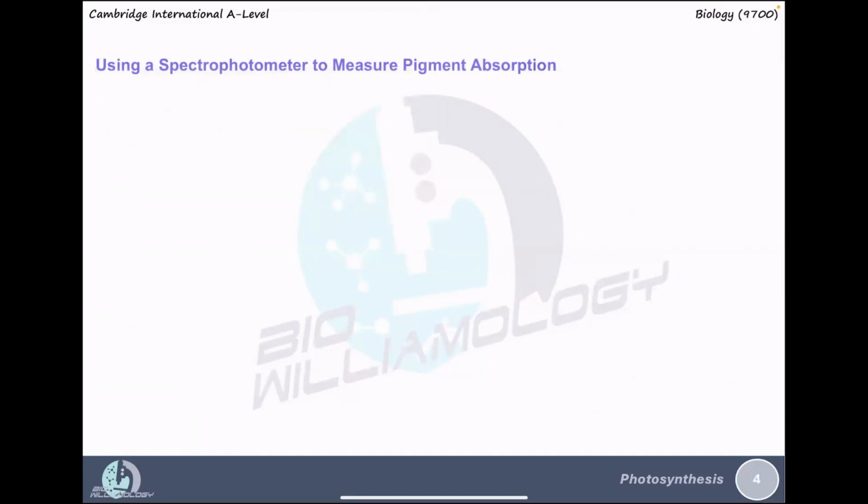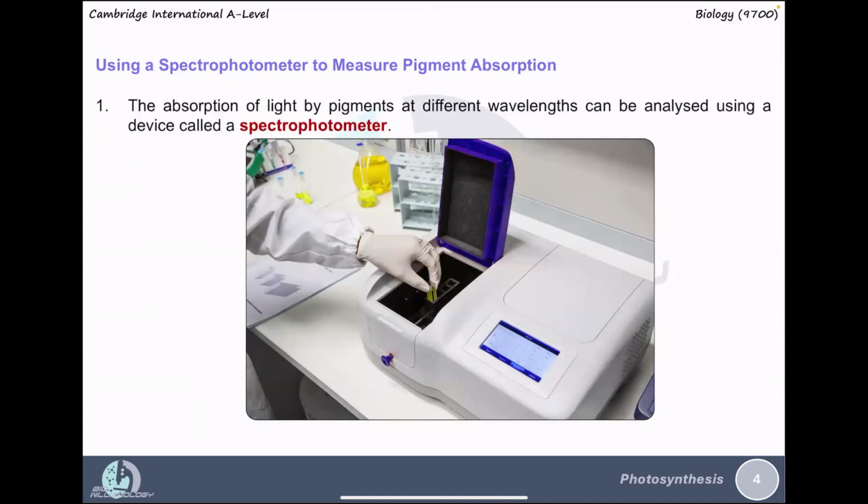In order to produce an absorption spectrum, we need to use a device known as a spectrophotometer. The absorption of the light by pigments at different wavelengths can be analyzed using a spectrophotometer. In this diagram, you can see the pigment in a special container known as a cuvette.